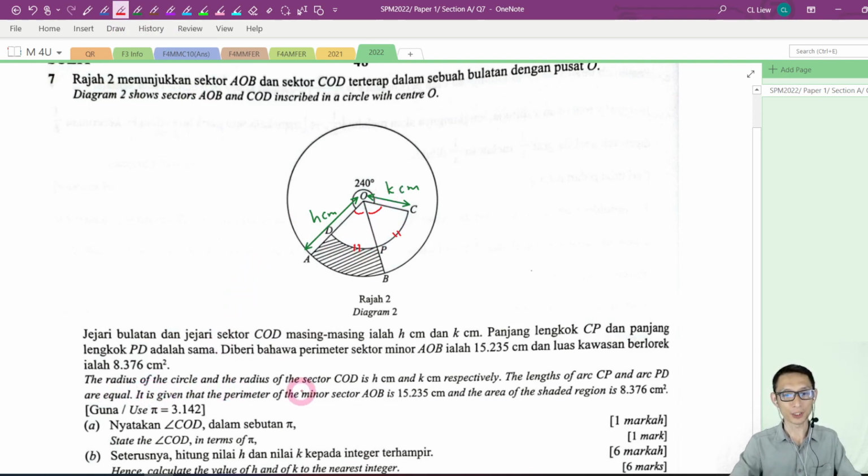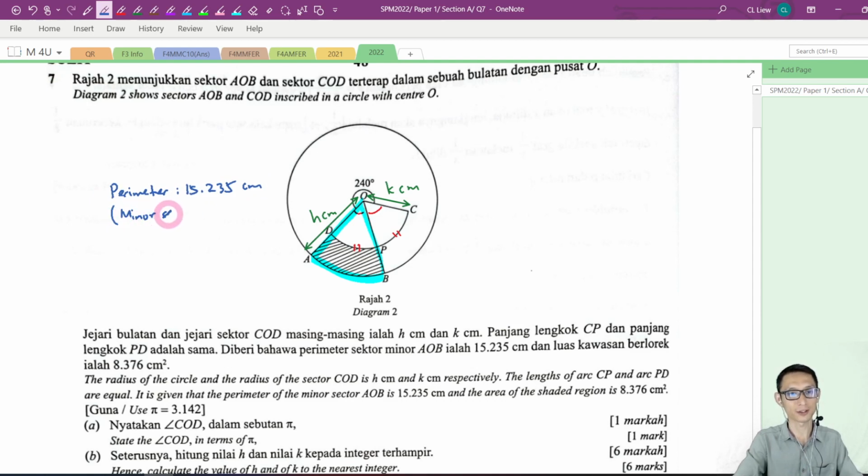Okay, it's given that the perimeter of the minor sector AOB is 15.235 centimeter. Okay, this is the minor sector AOB.